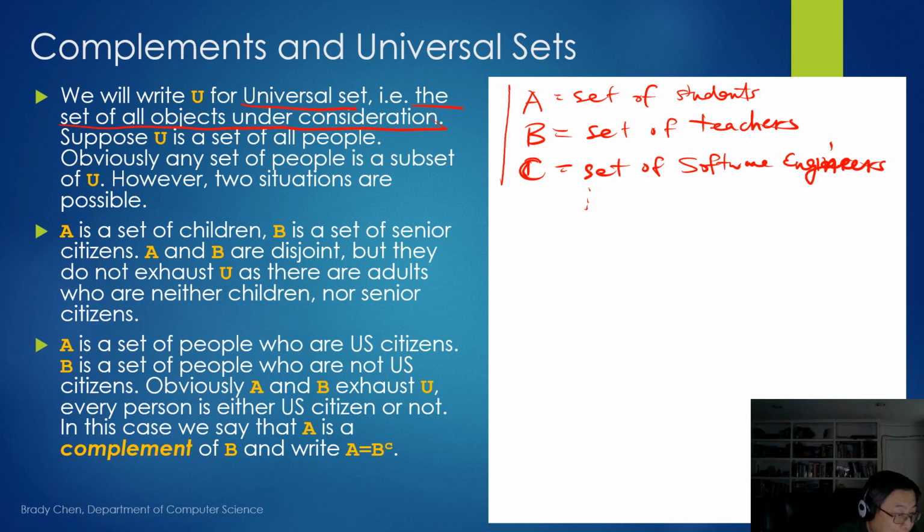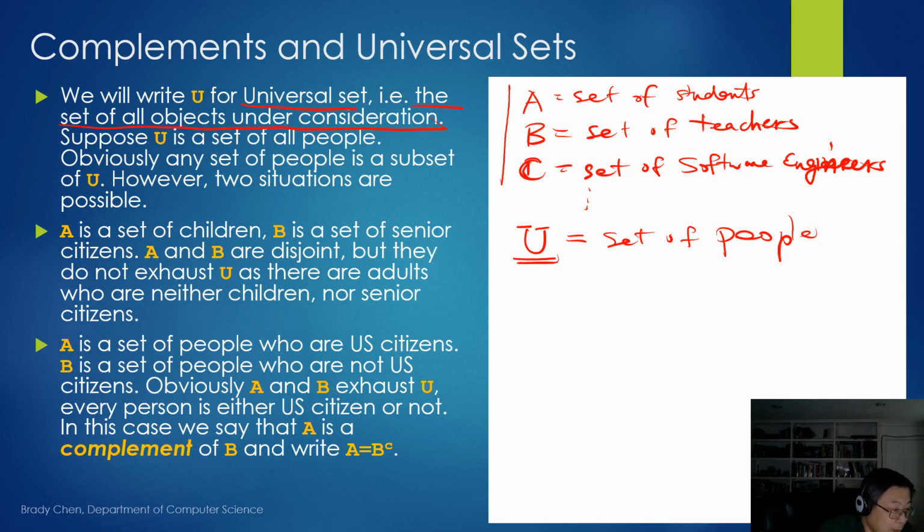We can define a universal set as the set of people, right? So in that case, A is a set of students, which is a subset of U, the set of people. B is also a subset of U. C is also a subset of U. And U consists of all the elements we are interested in or considering. We call this a universal set.